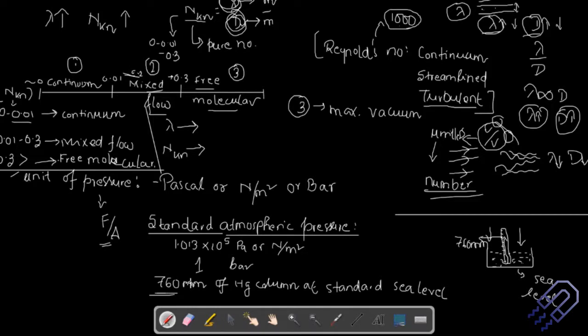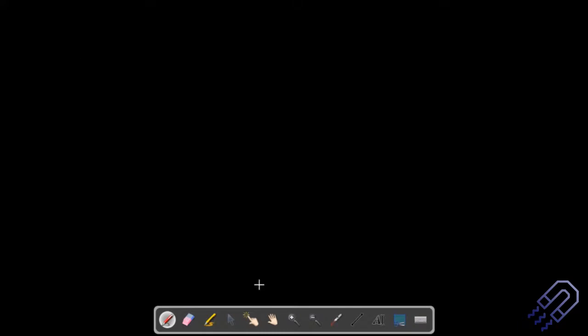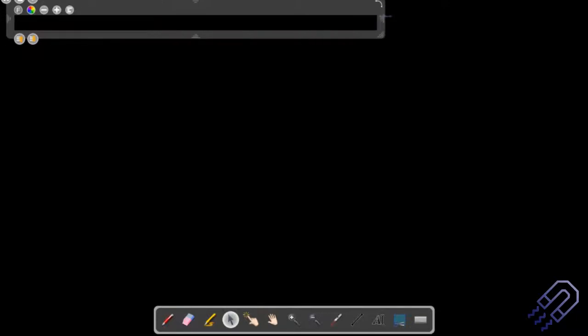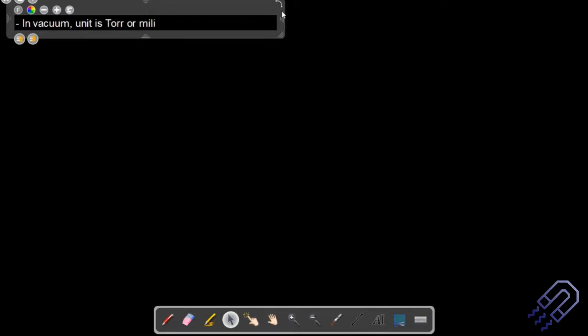But if I talk about vacuum, will this pressure unit be enough? In vacuum the pressure falls further. How do I measure that? There are other units for vacuum as well. One unit we call torr, and it is a representation at the level of millibar.